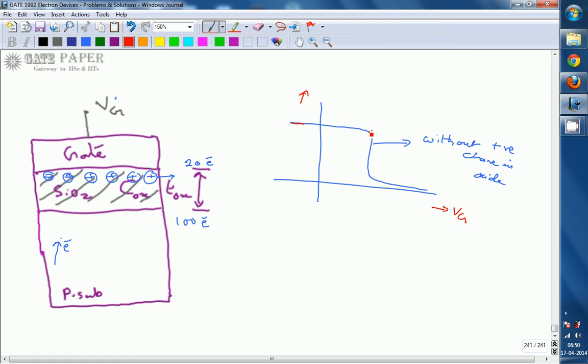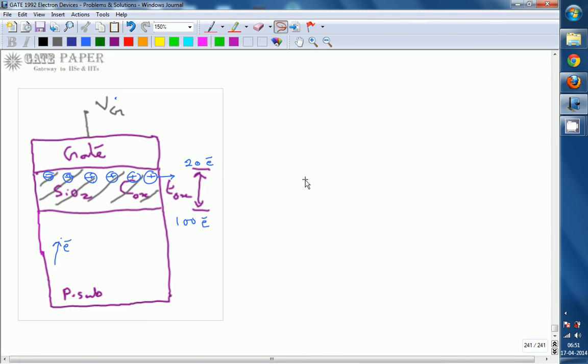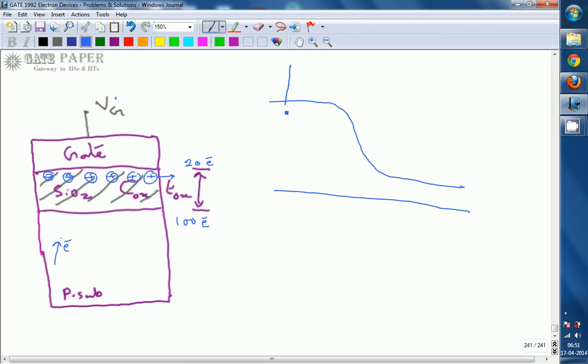This point is related to the accumulation region, and the threshold will not be very straight. So the high frequency characteristics are given in this way. You can think of this as the capacitance versus voltage characteristics, where this is V and this is C.